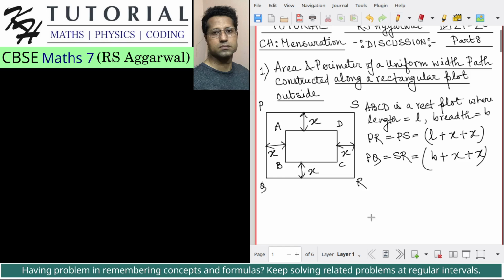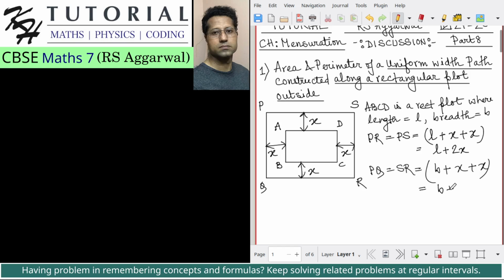So basically the length of the rectangle PQRS is L plus twice x, and the breadth of the rectangle PQRS is B plus twice x.